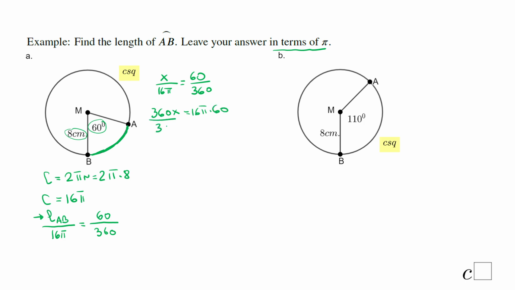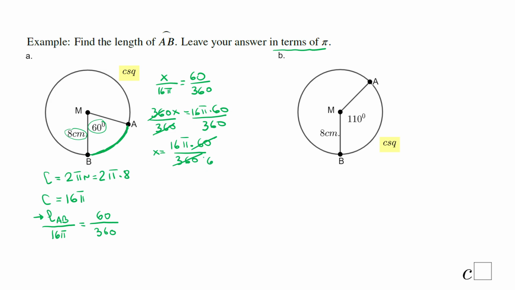Divide by 360. And we have x equals, and if you notice this form I have here, it's exactly the form you get if you use the formula I showed you on the previous slide. We can simplify here or use a calculator.